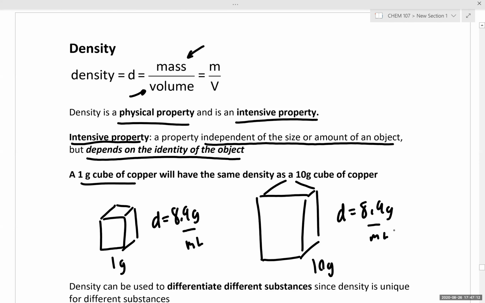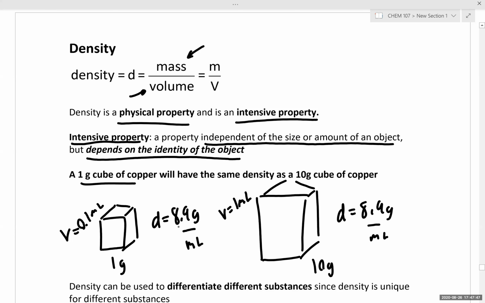That's because the more of an object you have, the greater the mass you'll have in total for that object. This 1 gram cube of copper would have a volume of 0.1 mils, roughly. The 10 gram cube of copper would have a volume of around 1 milliliter. As we increase the volume of our object, the mass increases proportionally.